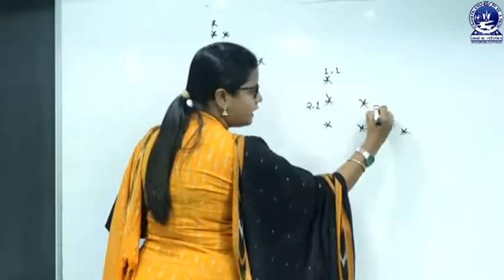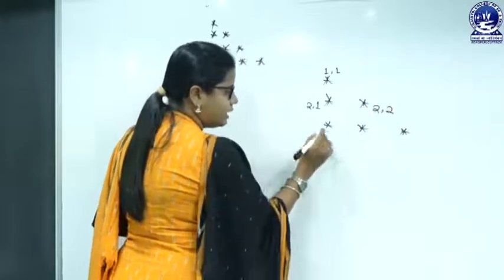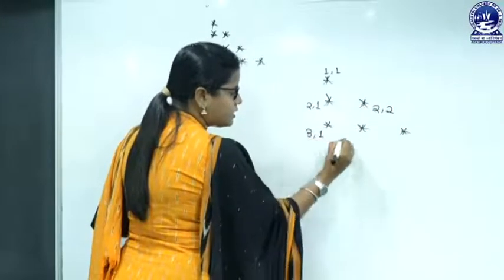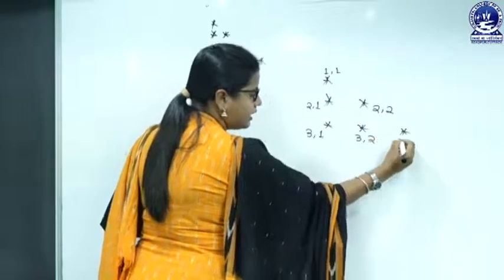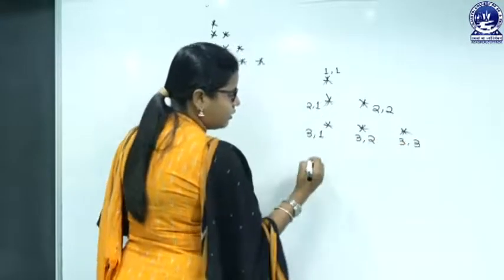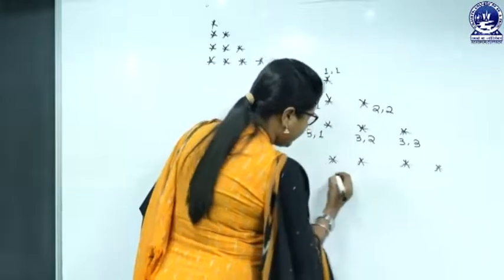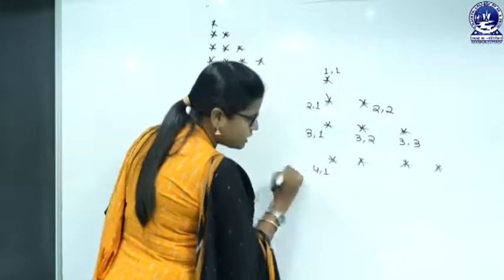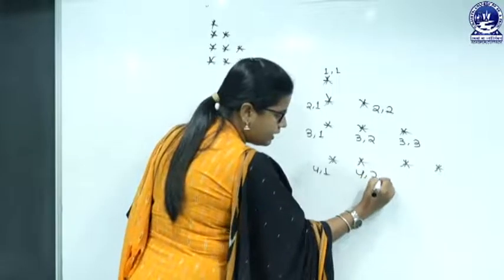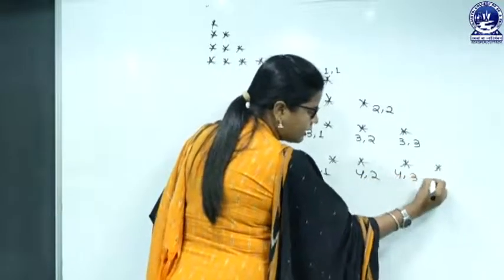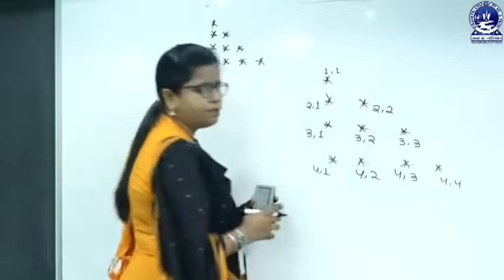Here is the second row and the second column. Here is the third row first column, third row second column, third row third column. If we have some more stars, then here is the fourth row first column, fourth row second column, fourth row third column, fourth row fourth column.